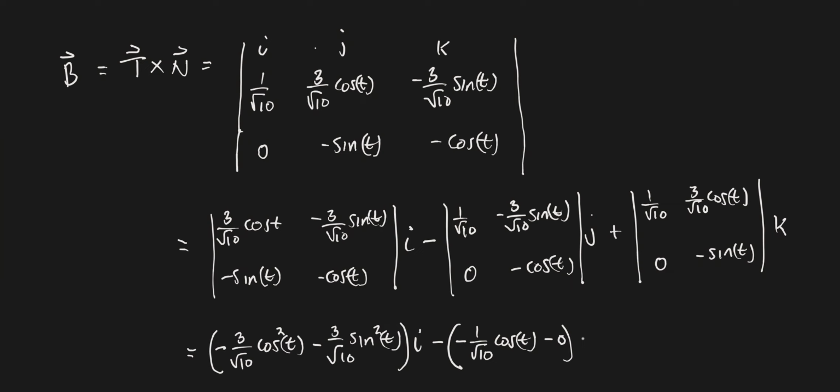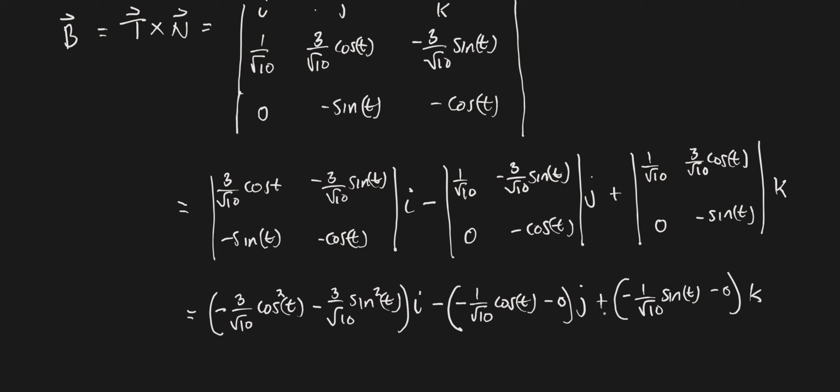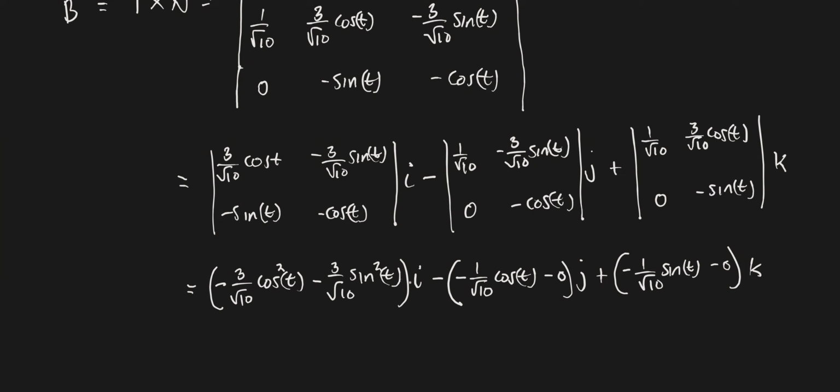And that's times j. And then plus, open parentheses. Something very similar: we'll have negative 1 over root 10, but now times the sine of t, and we'll still have minus 0, times k, right? Now remember, we have to get a vector out of this, so don't forget your standard unit vectors, or if you're going to write it in the angled bracket form.